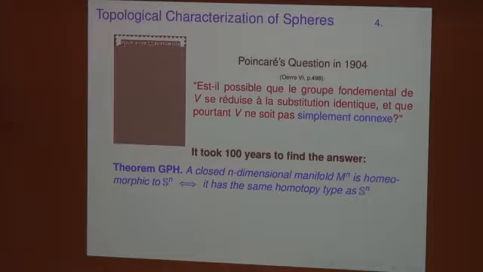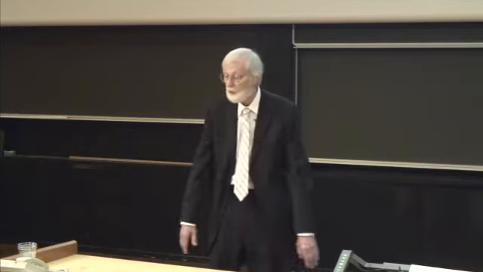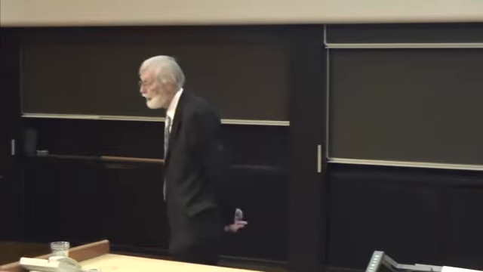A closed n-dimensional manifold is homeomorphic to a sphere if and only if it has the same homotopy type as a sphere. Or if you don't know what homotopy type is, here's a simpler description. It's a manifold that locally looks like Euclidean space near any point, and yet any proper subset can be shrunk to a point completely within the manifold. So if you take a two-dimensional sphere and any proper subset, say missing the North Pole, then you can just push it down to the South Pole, and similarly in any dimension.